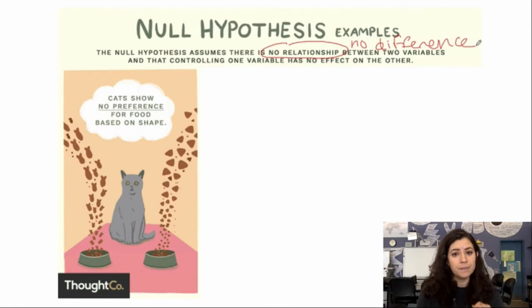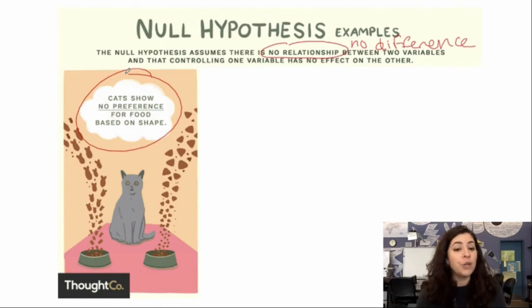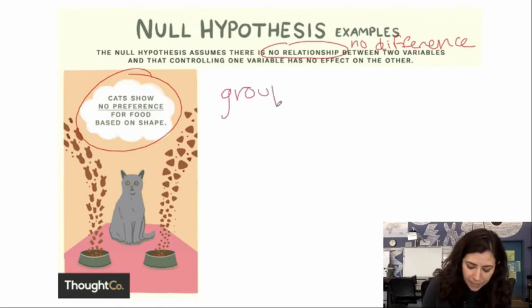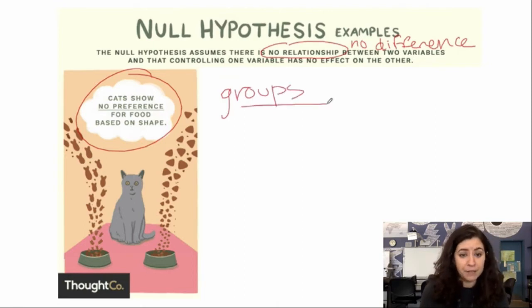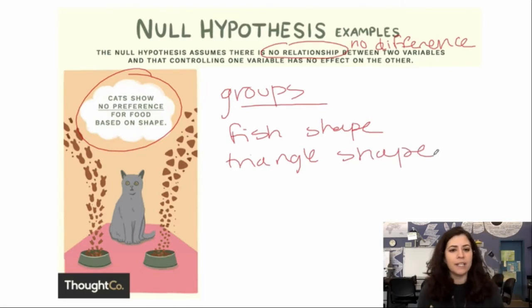between two variables. So let's think about, in this example, the null hypothesis they've come up with: cats show no preference for food based on shape. So in this case, the groups we would be comparing would be fish-shaped food and triangle-shaped food. So we'd have some fish-shaped food, some triangle-shaped food.